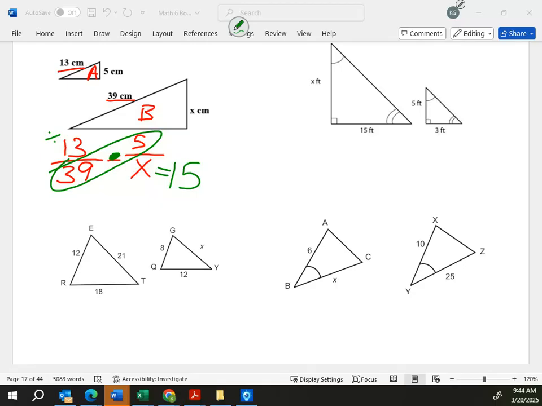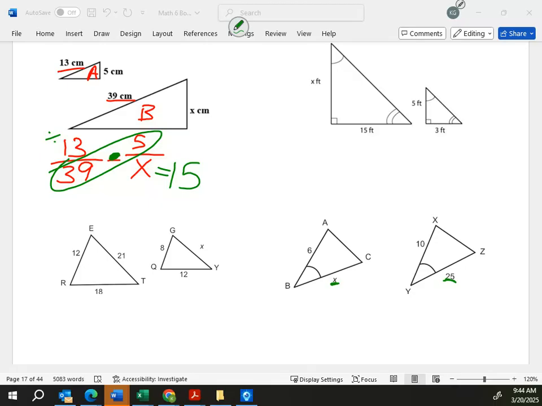So if this angle is congruent with this angle, I need to know that that side matches up with that side. Sometimes our shapes will be turned, and we need to make sure we're matching up the correct sides. We don't need to use those names for anything. They're just naming the angles just so you can match them up, but we don't need to use it for anything.